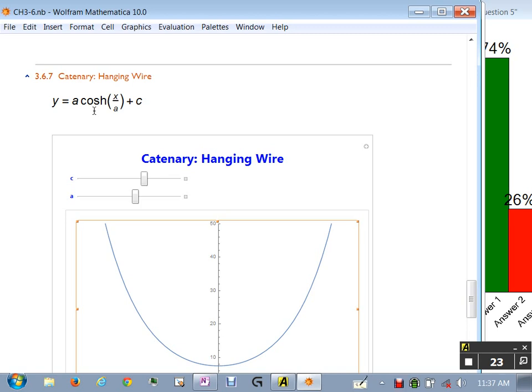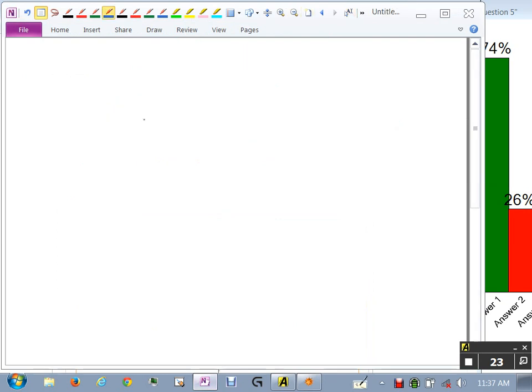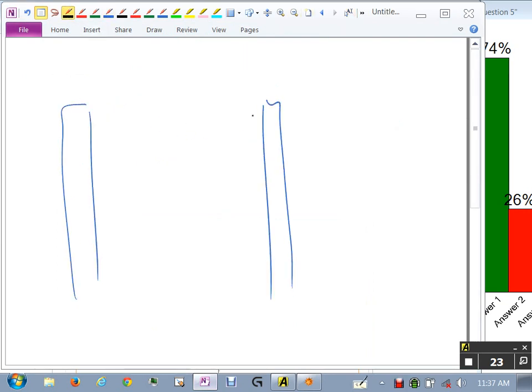Well, that would be something like, here's my pole. Okay, we've got our wire. And the force that's acting on this point right here is acting in the same direction as the tangent line at that point.